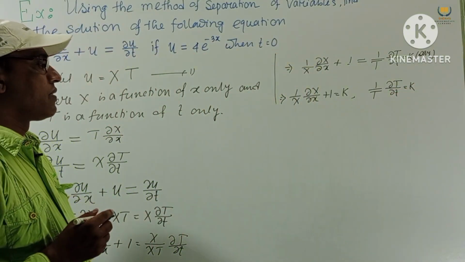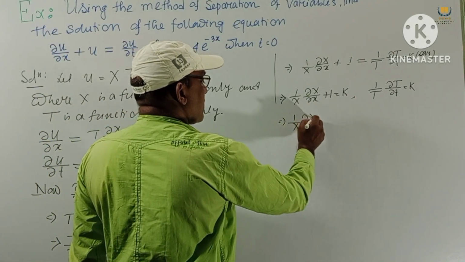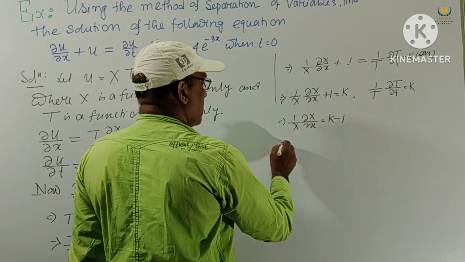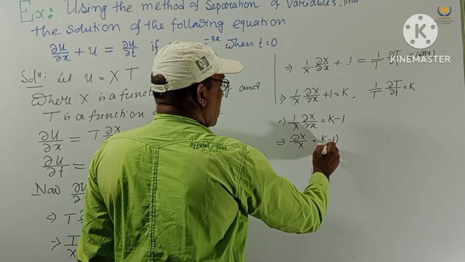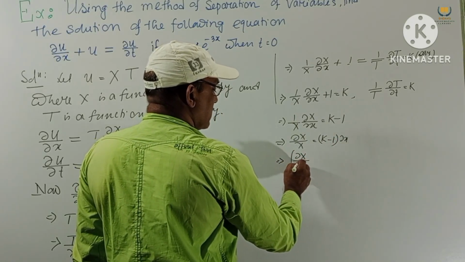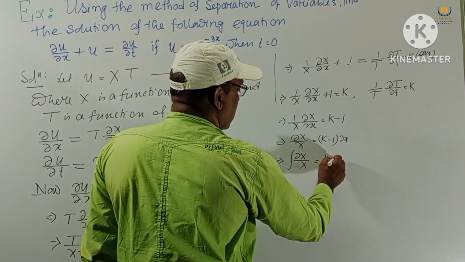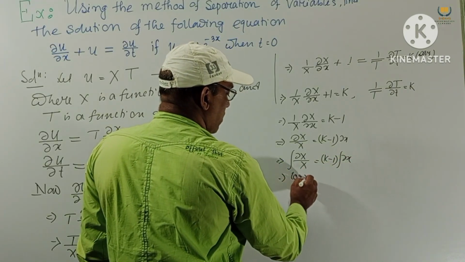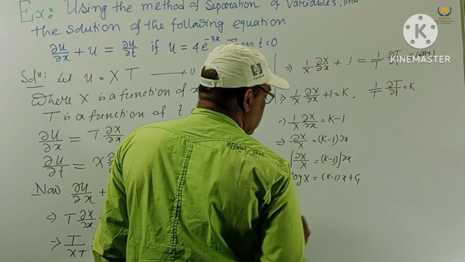We get this one, and taking this on the right hand side, (1/X) ∂X = k - 1. This is ∂X/X = (k - 1) ∂x. Then if we integrate both sides, k - 1 is constant. This will be log X = (k - 1)x + c1.